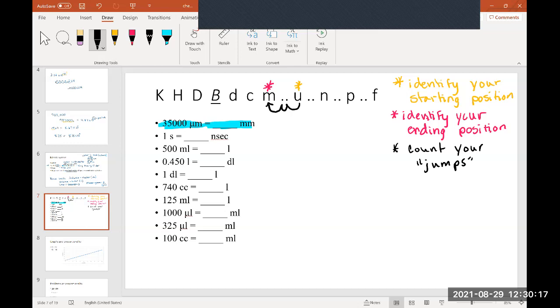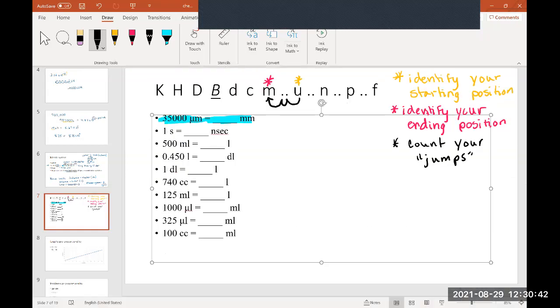Remember, between micro, our starting position, and milli, there are two little dots that I put there for placement holders. Each dot must be counted. It represents a jump of 10. So in our case, we needed to jump 3 times. 3 jumps.